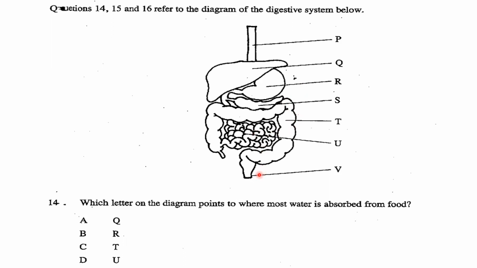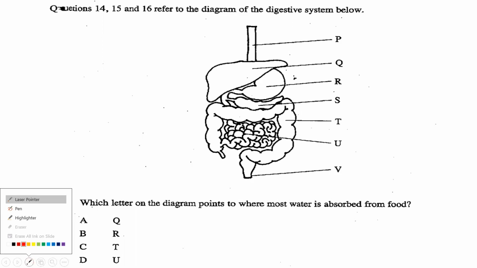So the question is, where is most water absorbed from food? The answer is definitely going to be V. What? Say it again. V. No, not the rectum. Close though. Most water is absorbed in... Is it the small intestine?